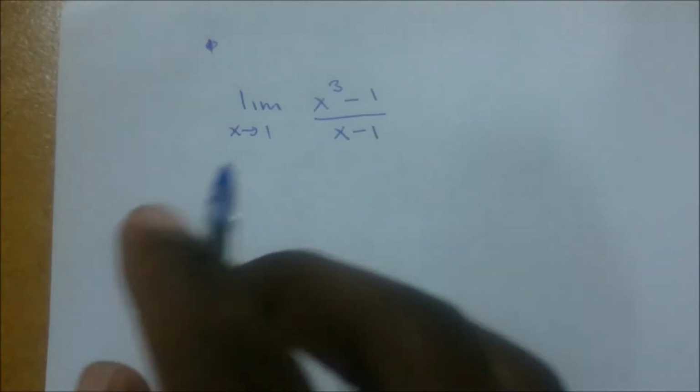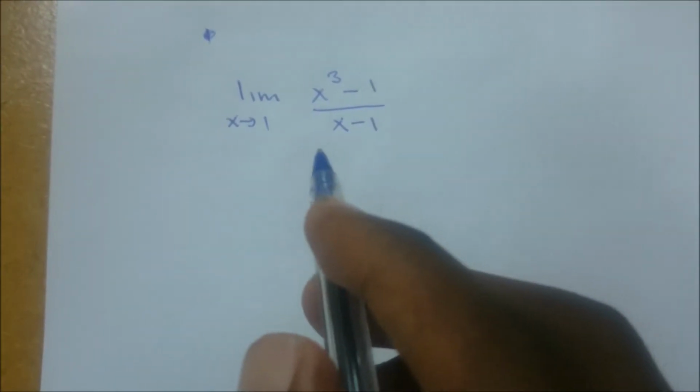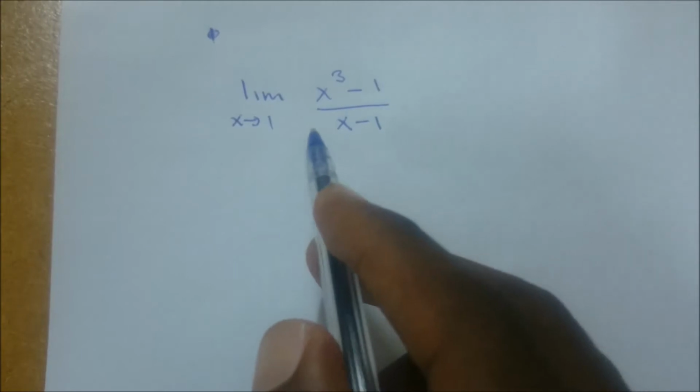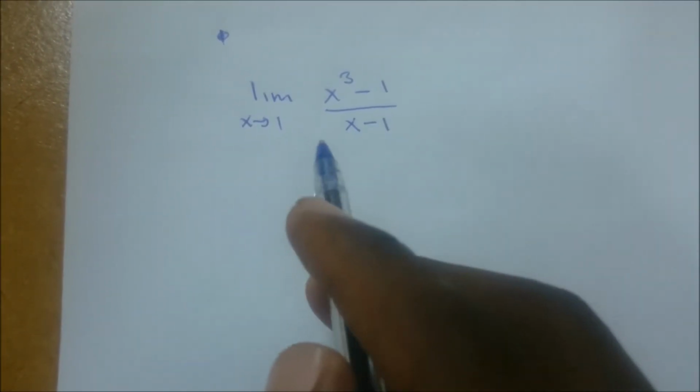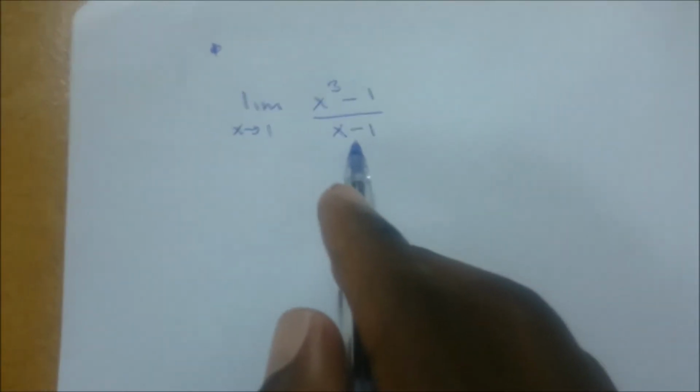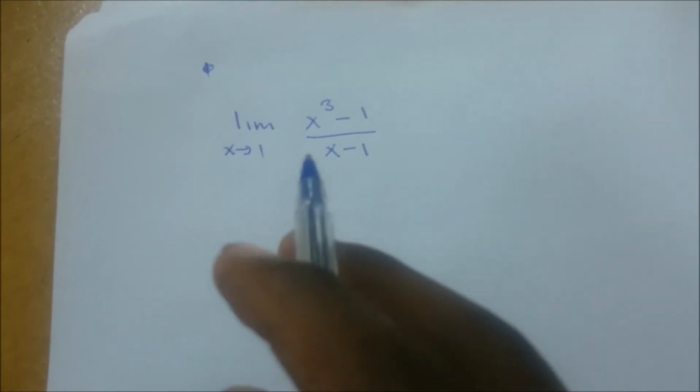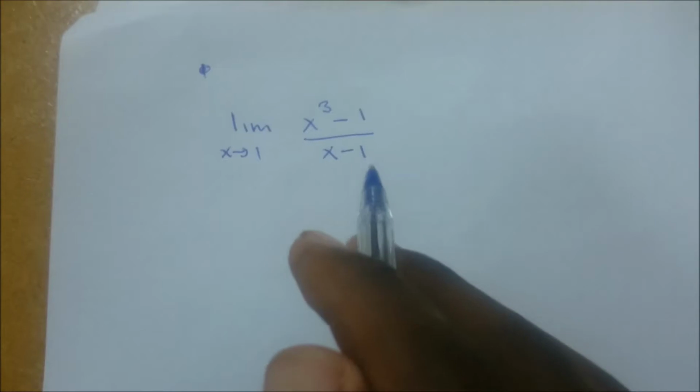So now with this method, substitution, if we substitute there in the denominator, what are we going to have? 0. So meaning that the substitution method has failed. We can't do the substitution method here.